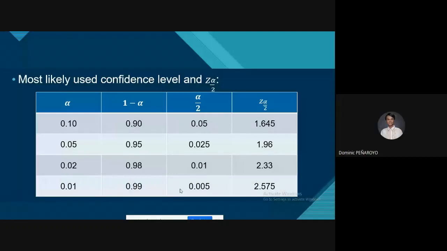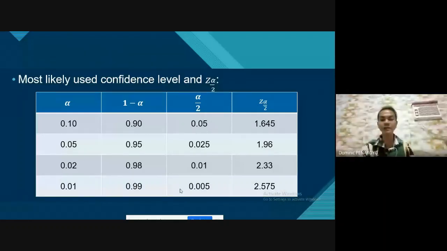And the last, for 99%, is 2.575. So you need to memorize these Z values because this is important in solving the confidence interval. Again, these are the four most likely used confidence levels and their corresponding Z values.